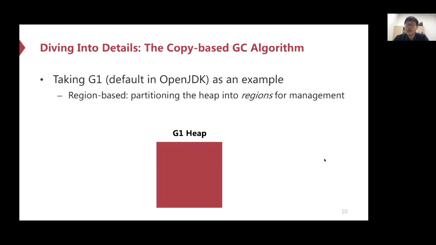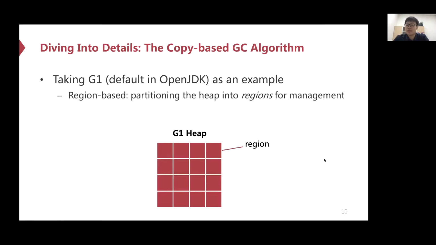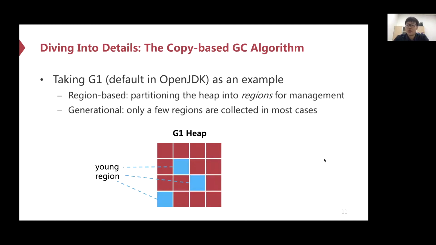Now we will dive into details of the copy-based GC. We use G1 as an example because it's the default in OpenJDK. It's region-based, which means that it partitions the heap into regions for ease of management. And it's generational, which means that it only uses a few regions for heap allocation, and those regions will be collected in most cases. This can avoid a whole heap collection and reduce the pause time.